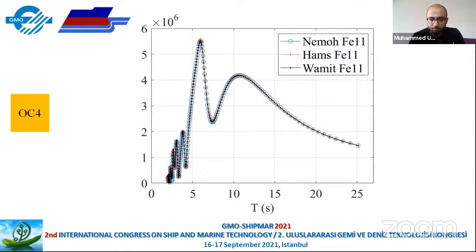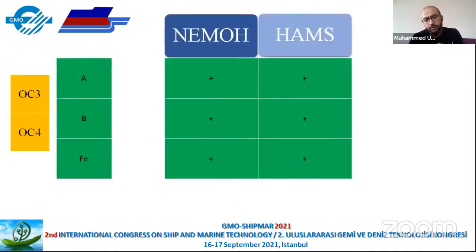Our general results were overlapped. For both codes, NEMO and HAMS, and for both structures, OC3 spar and OC4 semi-submersible, the results for added mass, radiation damping, and excitation force were overall good.